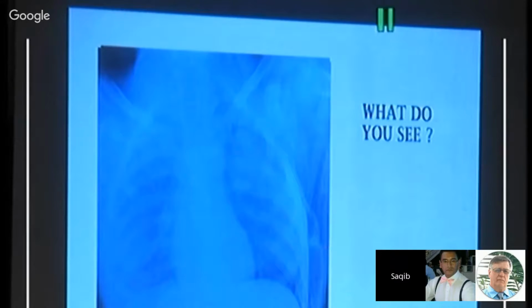This little layer here. There are no bronchovascular markings here. So there is a collapse, there is a lack of bronchovascular markings here, and there is subcutaneous air here.